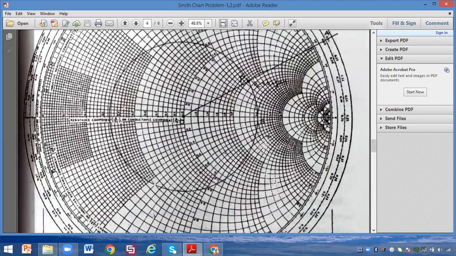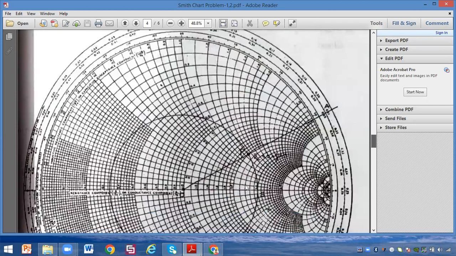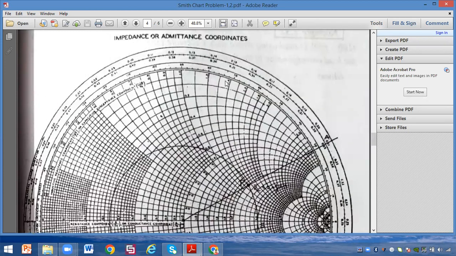This is the Smith chart. We have plotted zL, that is 2 plus j1.3, here. This is where R is 2 and the reactance is 1.3. This is O, the origin. Keeping O as the origin, you draw a line. This is considered to be the point A. With this radius, you draw the constant S circle.